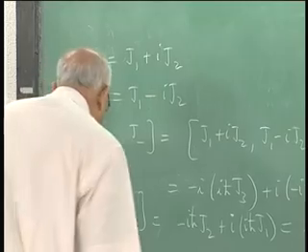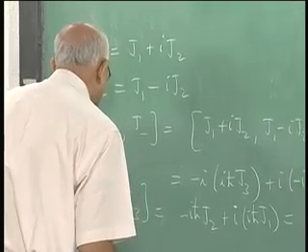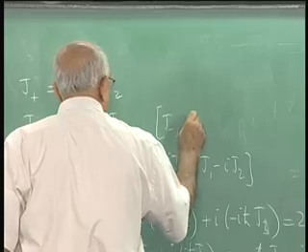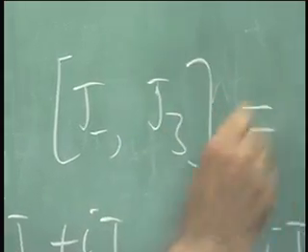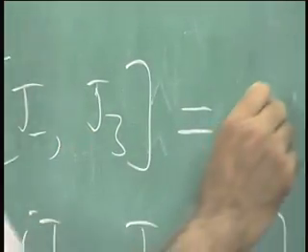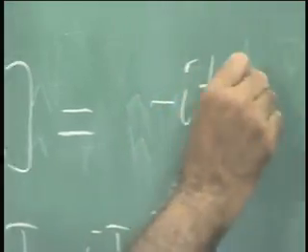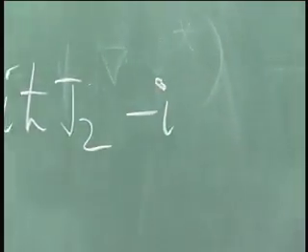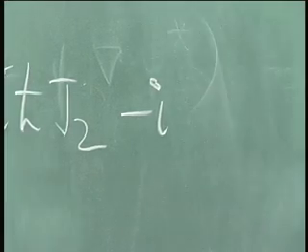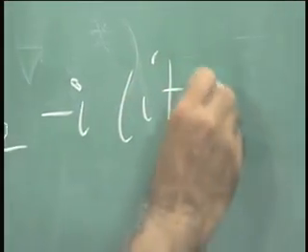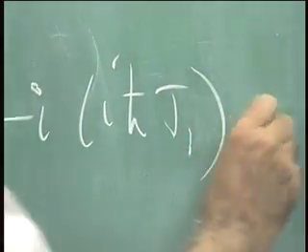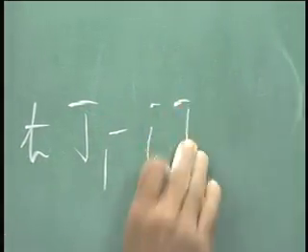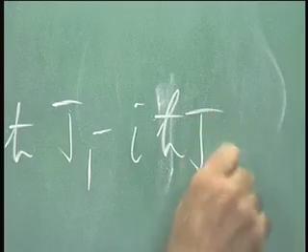Similarly, you could ask what is J minus with J3. It is equal to J1 with J3, that is minus iħ J2, minus i times J2 with J3, that is iħ J1, that is equal to ħ J1 plus iħ J2.